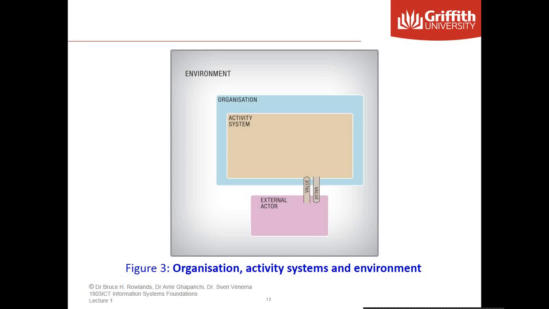So let's make this a little bit less abstract, because it seems pretty abstract at the moment, right? Let's go back to the Griffith University model. So Griffith University is the organization, the blue box. The human activity system, or the activity system, so the textbook will just use the words activity system, but probably interpret it as human activity system. That activity system somehow relates to an external actor. Now in this case, we're using a lecture as the example.